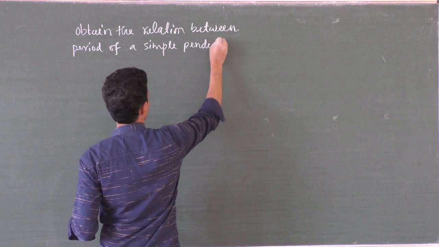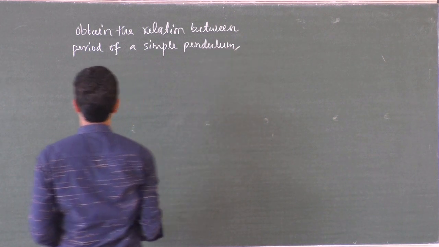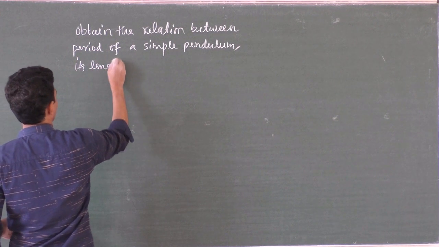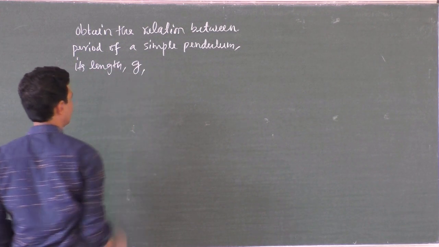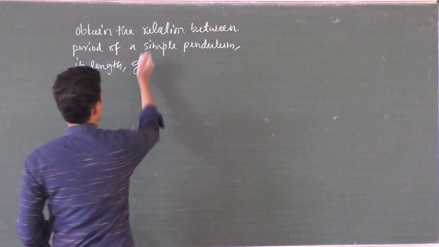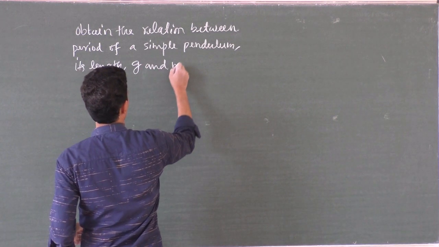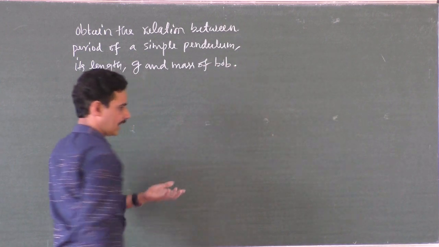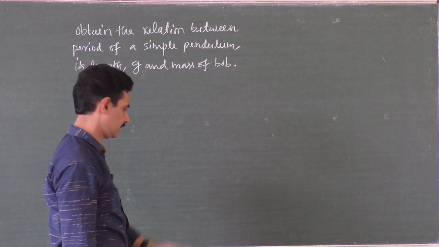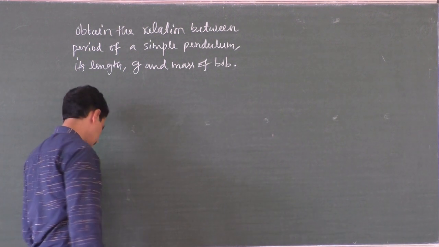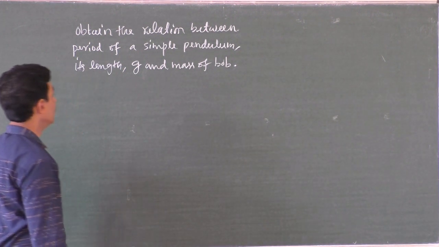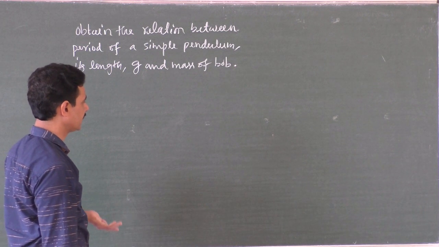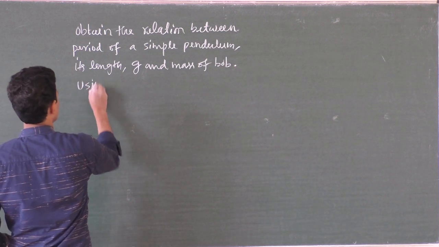Period of a simple pendulum, its length, acceleration due to gravity, ಖಾಲಿ g ಇಂದ ಬರಿತೀನಿ, and mass of bob. Bob ಅಂದ್ರೆ object, whatever you have tied on the other end. So obtain the relation between period of a simple pendulum, its length, acceleration due to gravity, and mass of the bob using dimensions.